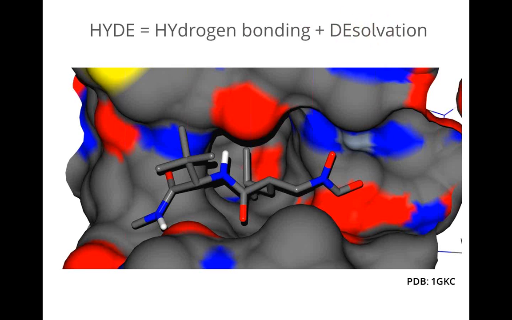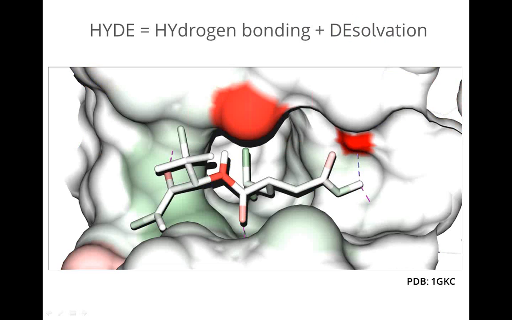So when you have a compound in a pocket and you want to know if that compound binds well, you engage HIDE, and a few seconds later, HIDE color codes the compound for you, showing you which atoms contribute favorably to the score and which atoms don't.